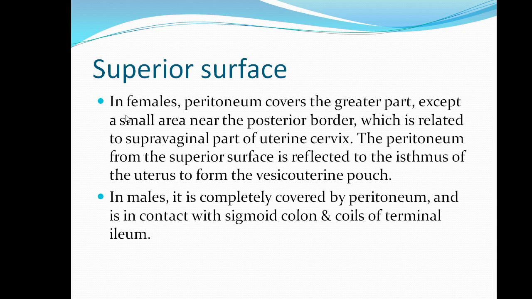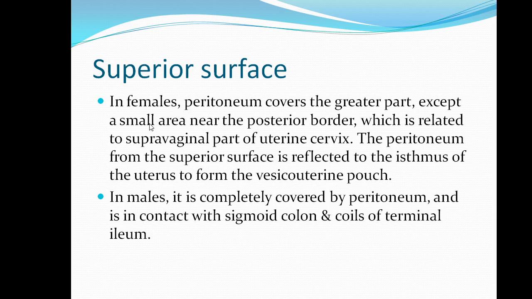The superior surface in females is covered by peritoneum for the greater part, except a small area near the posterior border, which is related to the supravaginal part of the uterine cervix.